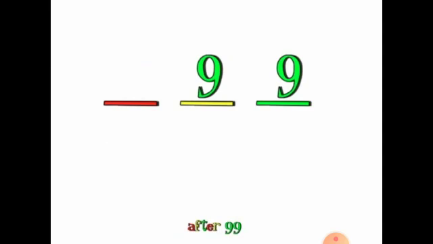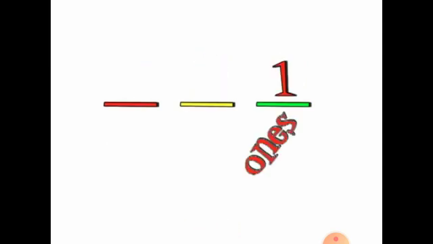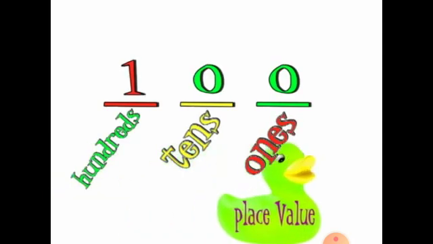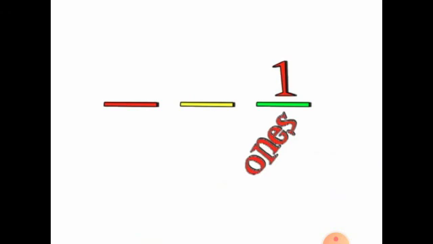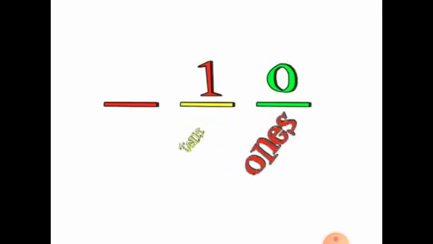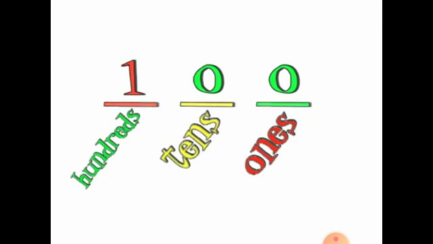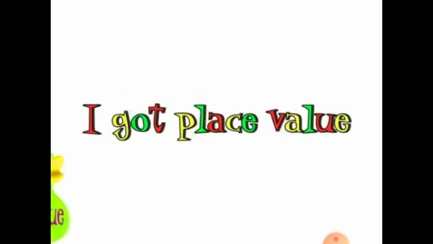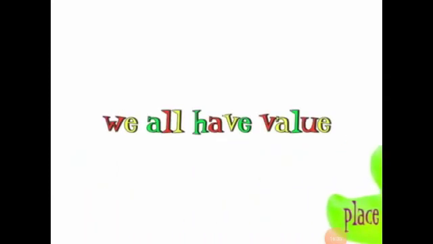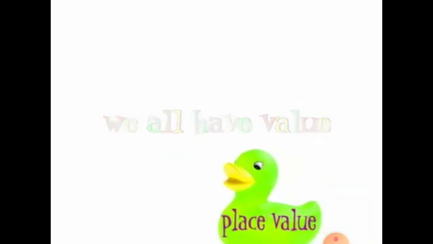After 99, ones, tens, hundreds, say ones, tens, hundreds, say ones, tens, hundreds, every time, it happens every time. Ones, tens, hundreds, say ones, tens, hundreds, say ones, tens, hundreds, every time, I got place value, and so do you. We all have value, yes we do.